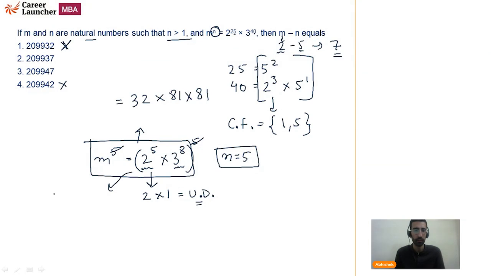So the value of M is 209,952, and minus 5 gives M minus N as 209,947. Option 3 is our right answer.